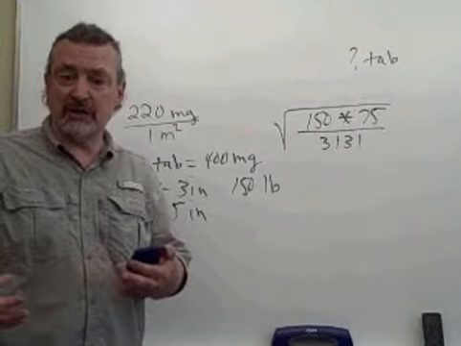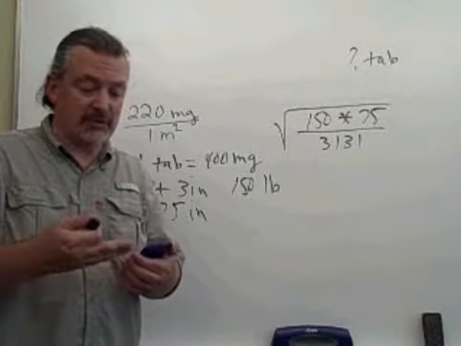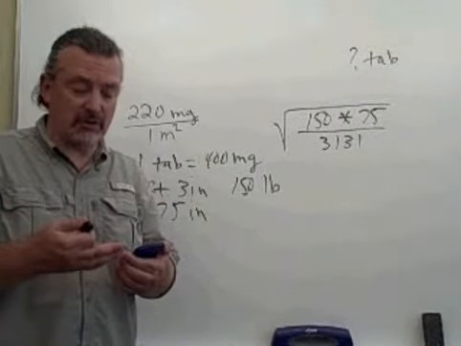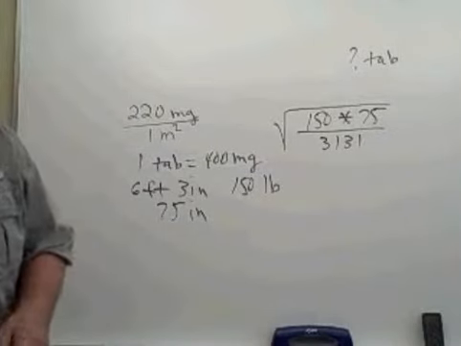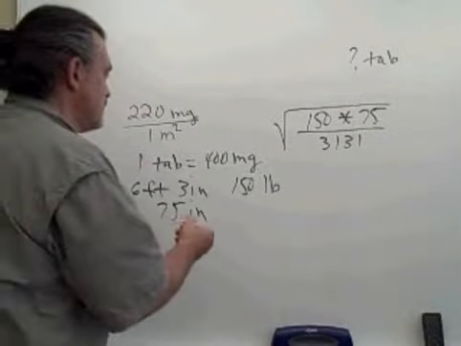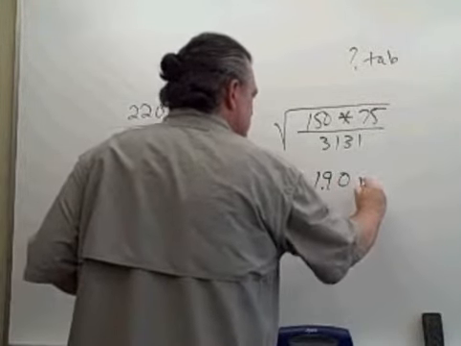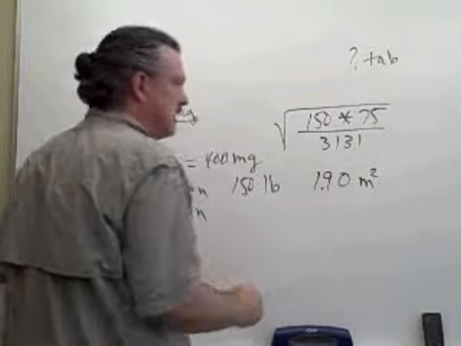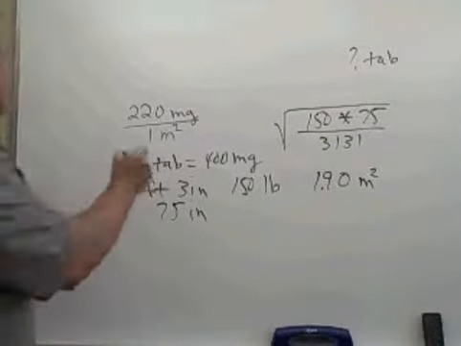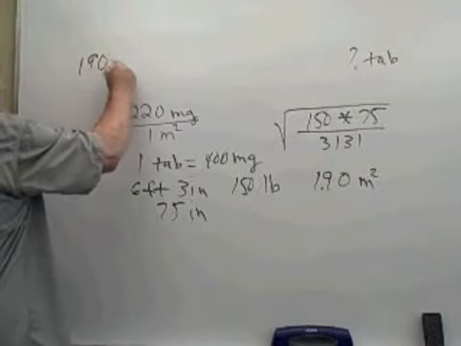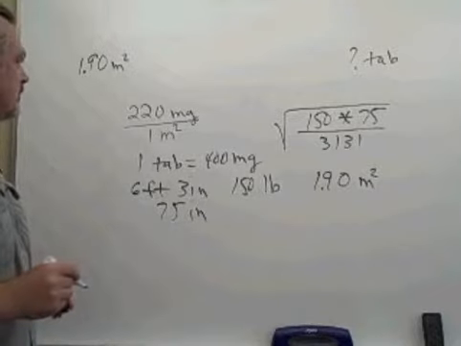Body surface area is approximated to the nearest hundredth, so that gives us a body surface area of 1.90 square meters. So that's where I start. The patient has a body surface area of 1 90/100 square meters.